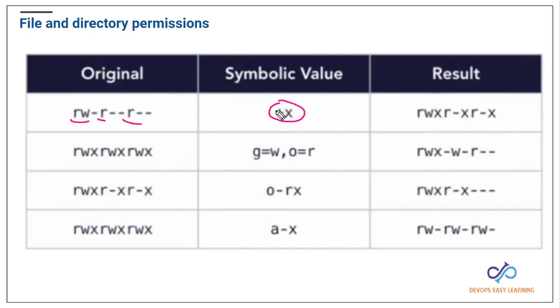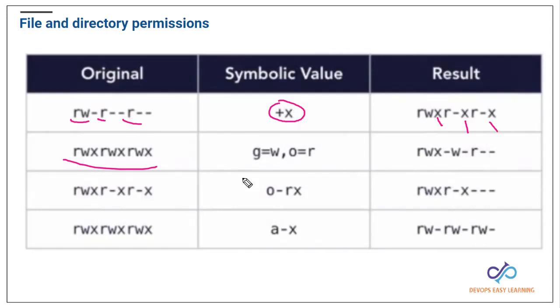Let's say I want to add execute permission, and that is how, when we write our bash script, we'll just say chmod plus x. And when we say chmod plus x, it is going to add execute permission for the user that owns the file, the group, and also others, so that we can execute our bash script properly. And that will be the result here. The x, the x, the x, in each position here.